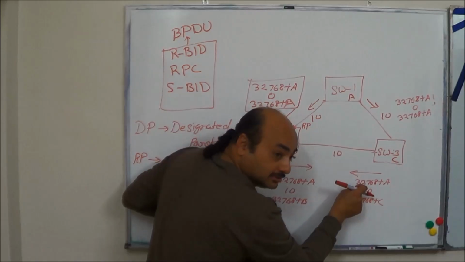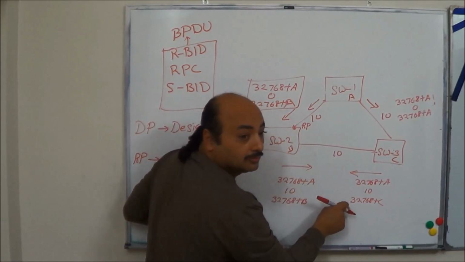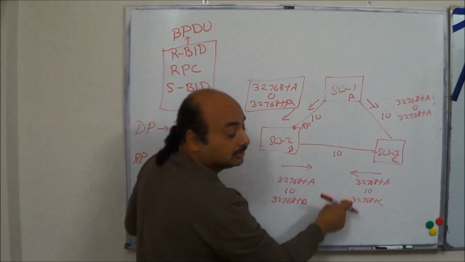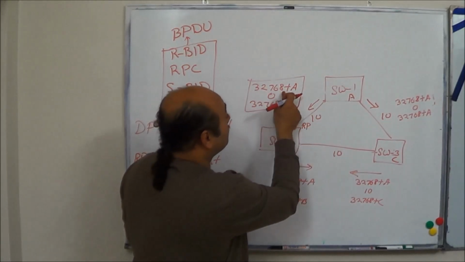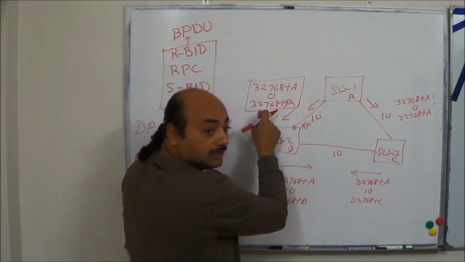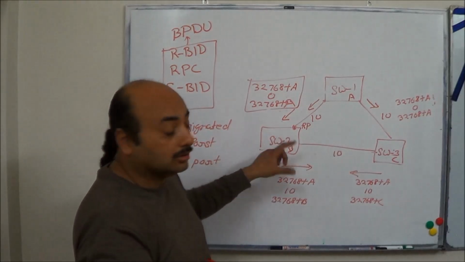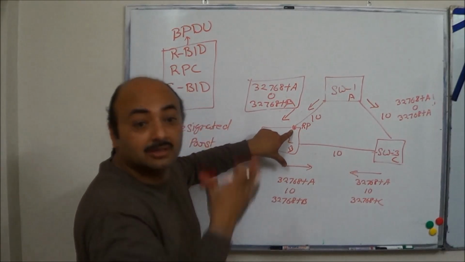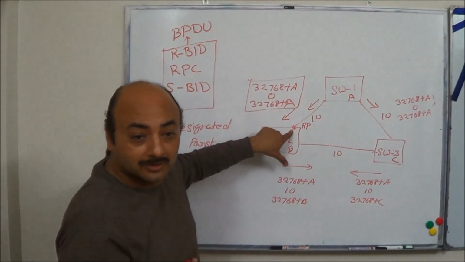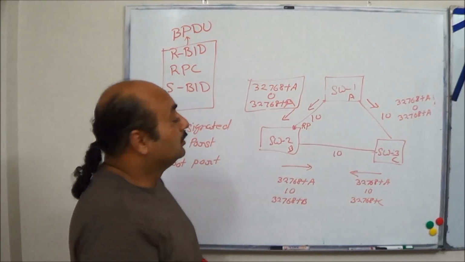That the root bridge ID is this, at a distance of 10 from me, B. Who's me? C. What is this communicating? It's saying 32768 plus A is the root bridge at a distance of 0 from me. So for me, this port is the shortest path towards the root bridge. So this becomes a root port. Clear?